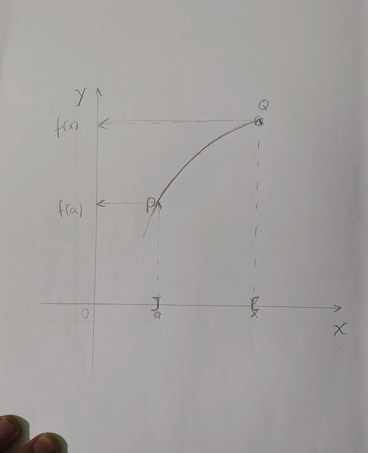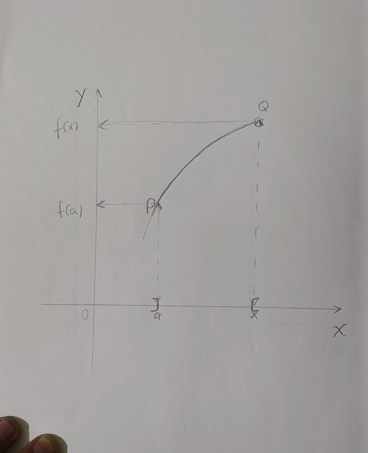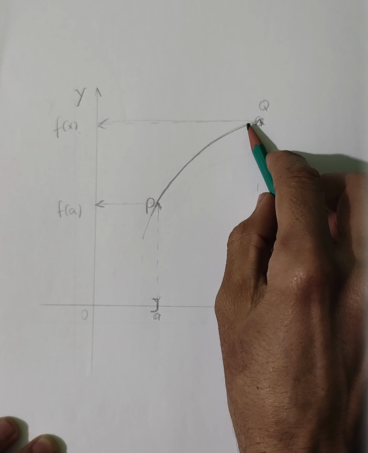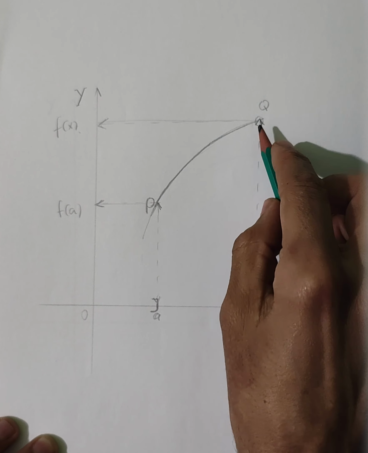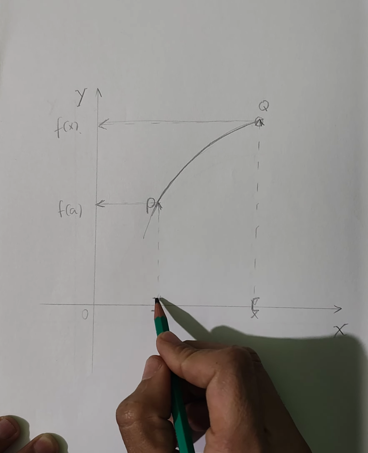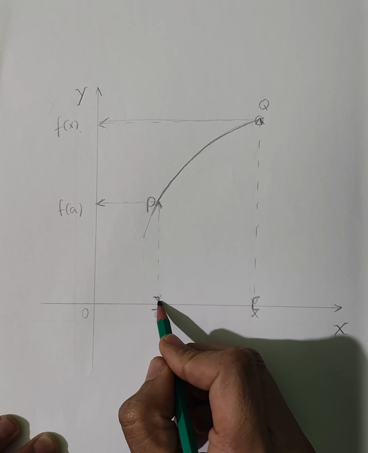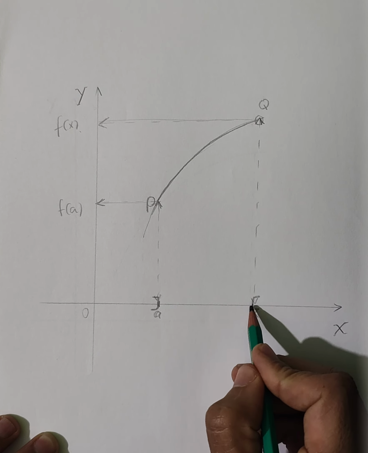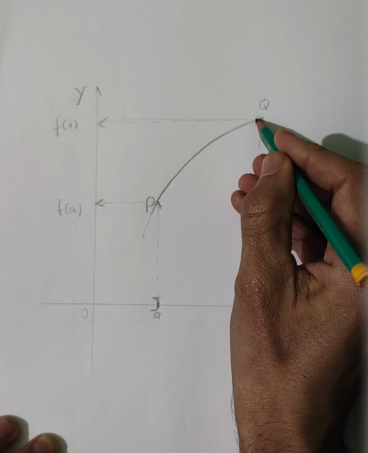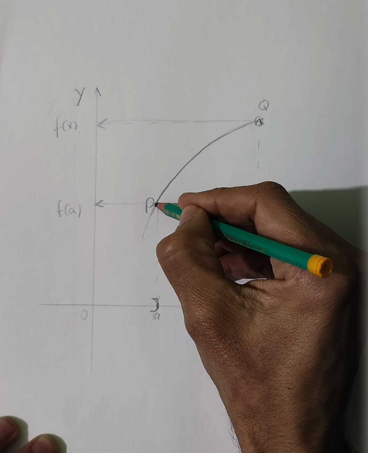Now to find the equation for the derivative of this function, we have to make one trick. We have to find one equivalent distance here for this path.